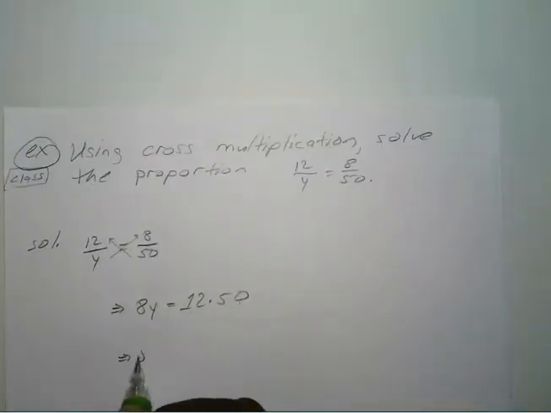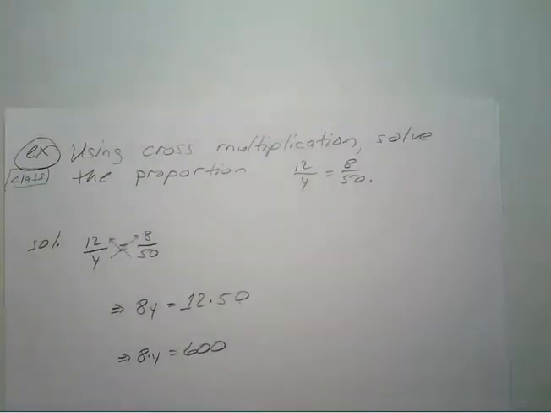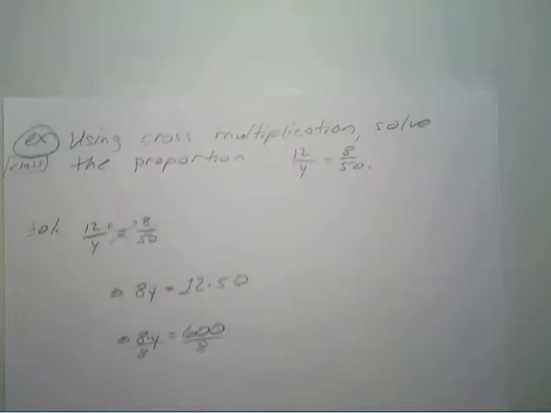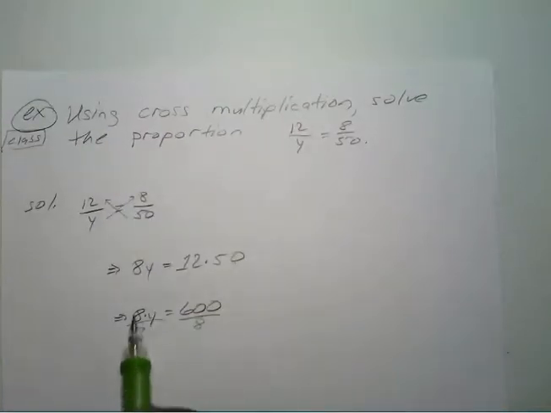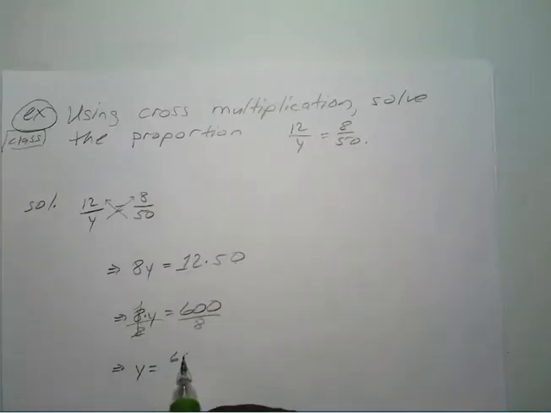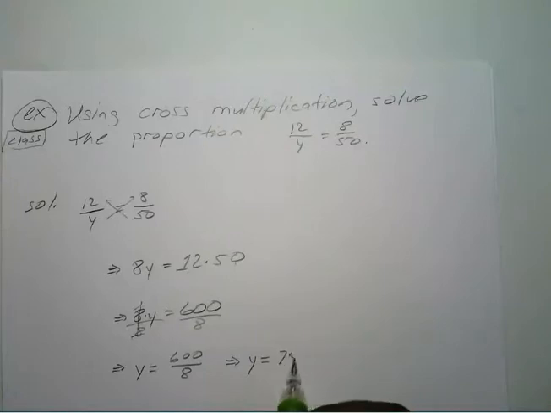So 8 times y equals 600. If we divide both sides by 8, anything divided by itself is just 1. So that means y is equal to 600 over 8, which means y is equal to 75.